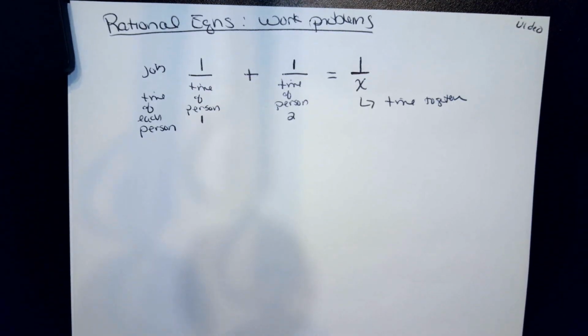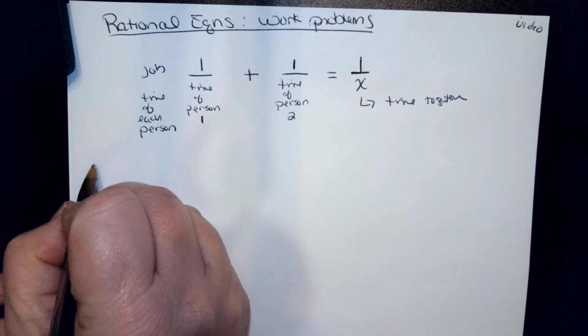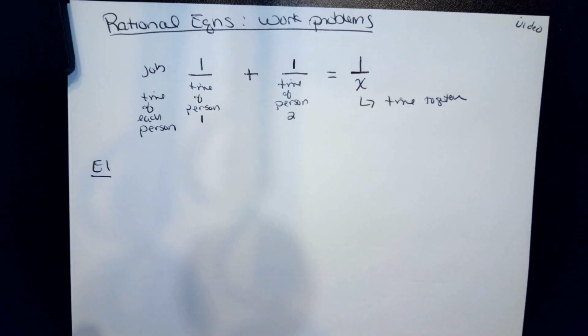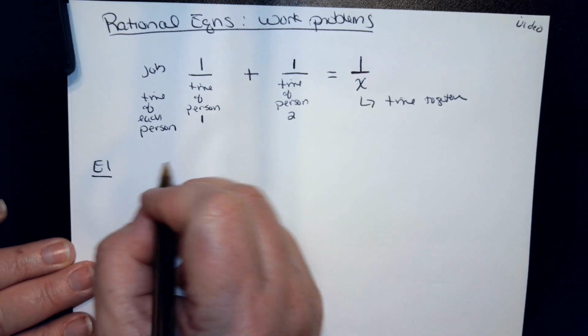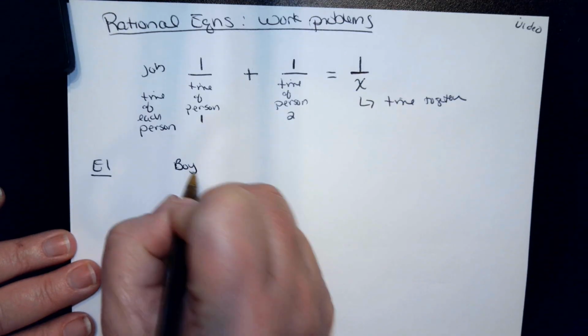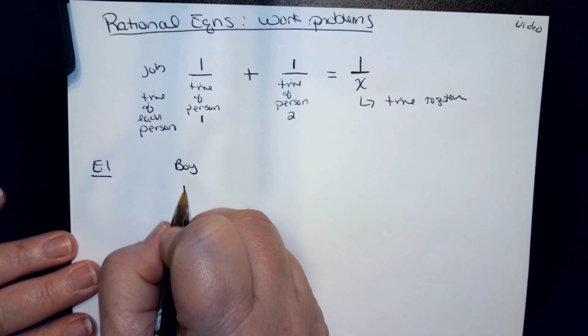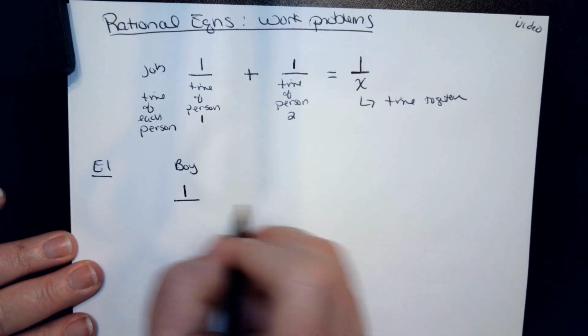It takes a boy 90 minutes to mow the lawn. So E1, and obviously you can write this in your notes because you have the guided notes. I don't. So here in example 1, it takes the boy 90 minutes to do that one job of mowing the lawn.